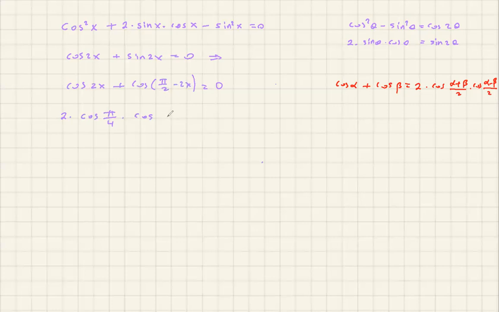So that will give us 4x minus pi over 2. But there is a 2 as a denominator. If you divide 4x by 2, that is 2x, and pi over 2 divided by 2 is pi over 4. So we will get 2x minus pi over 4, and that is equal to 0.